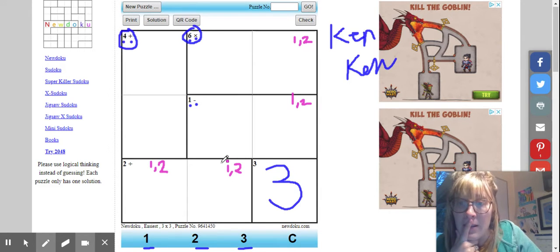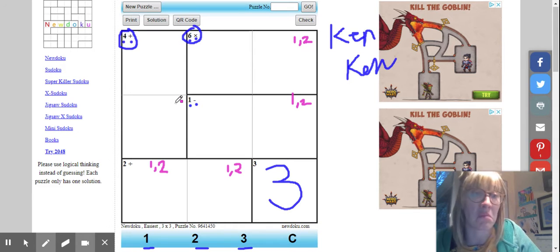So then we say, okay, well, are there any other spots where I can make some could be or have to observations? So up here using multiplication to make a 6, well, 1, what can I multiply 1 by to get 6? 6. Well, I can't use the digit 6, right? The only digits I can use are 1, 2, and 3.